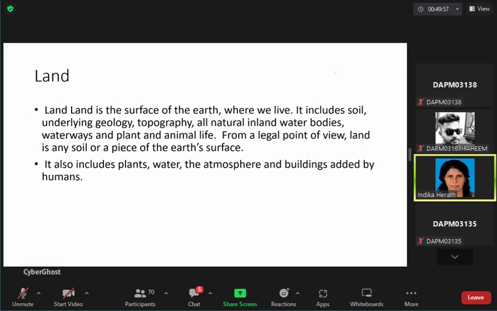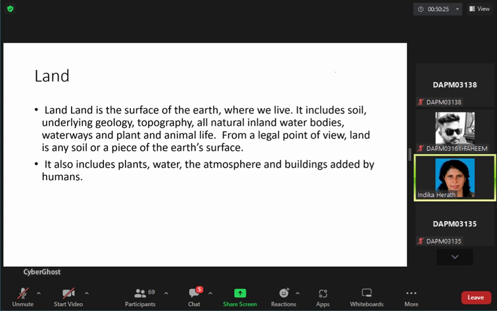It includes soil. Soil is the thing that is on the surface of the land, most of the time. But there are other things like rocks. Soil is included in the components of land, and also the underlying geology, what is underneath the soil.